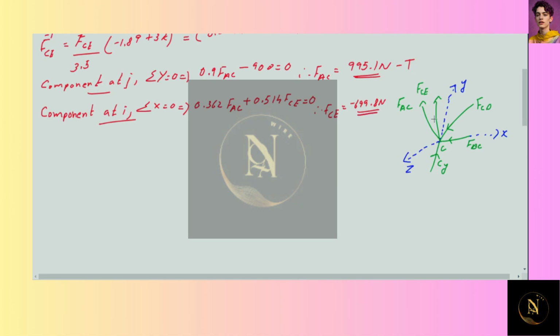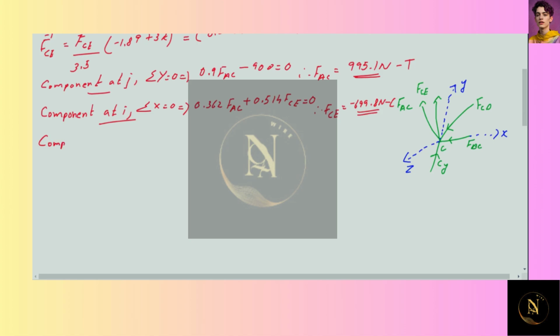The FCE is actually going outward from the point C, but because of the negative sign in the solution, the actual direction is going inward to the point C, so that creates compression. Let's denote it by the letter C.